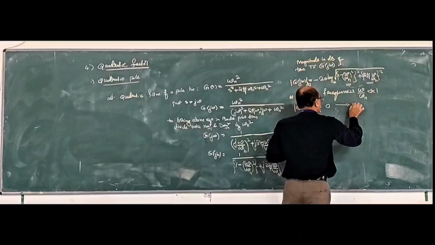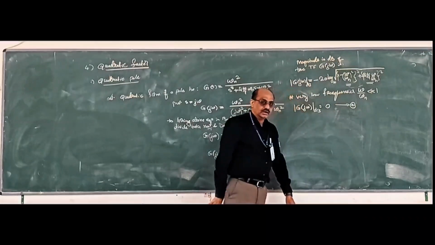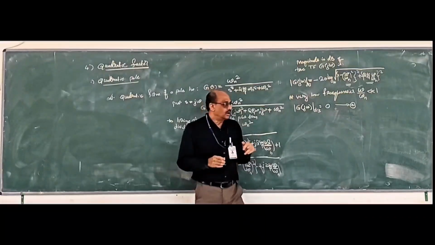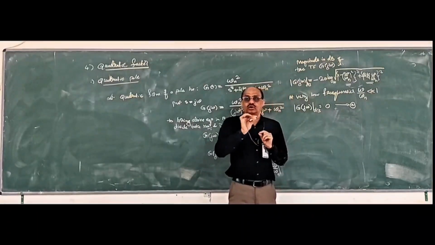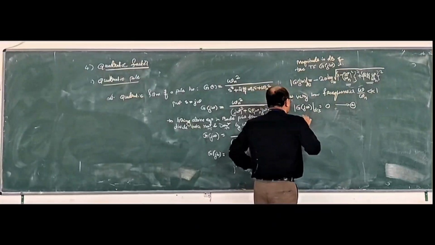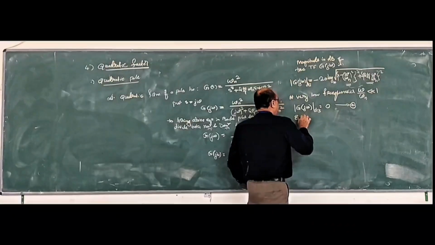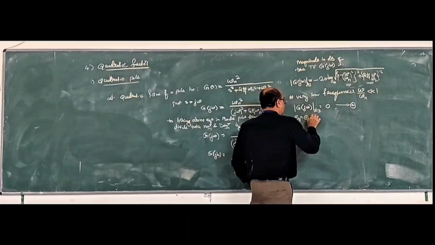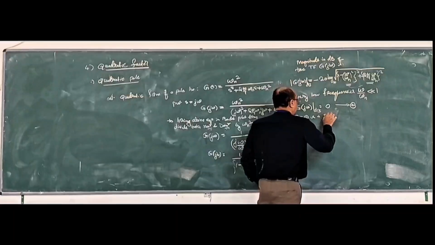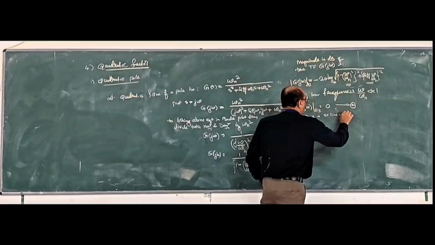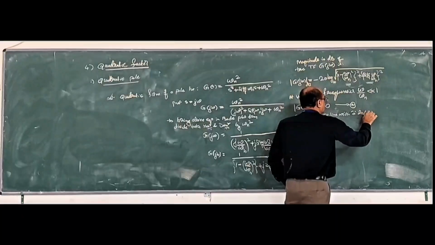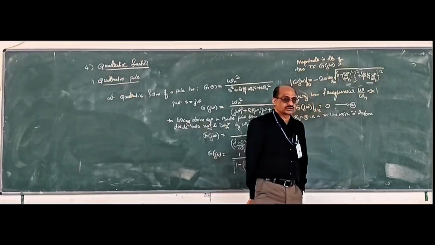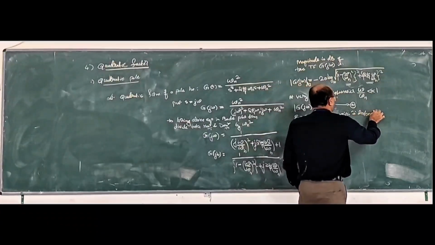Let me call this equation A. That means I got a 0 line. Equation A is a straight line with 0 dB per decade slope.